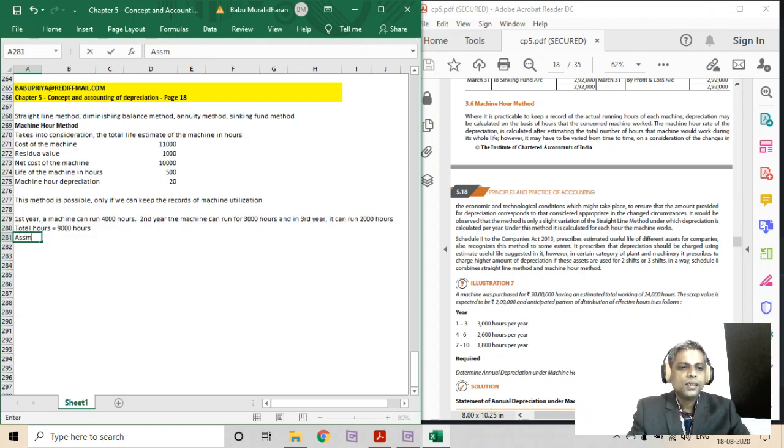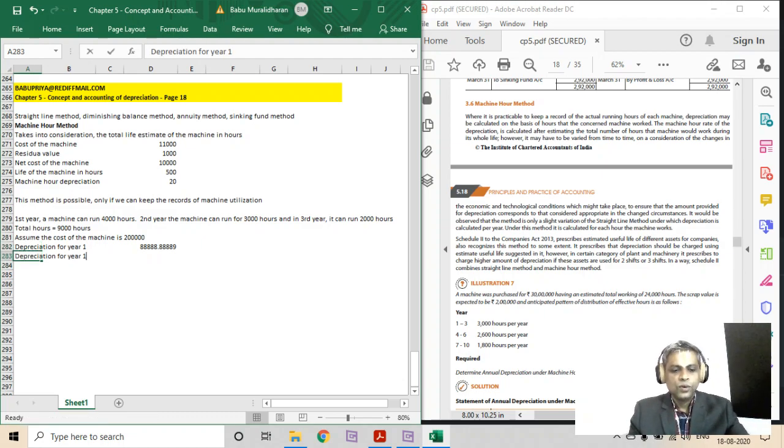Assume that the cost of the machine is 2 lakhs. So depreciation for year 1 is equal to 2 lakhs into 4,000 divided by 9,000. So first year depreciation will be 88,000.